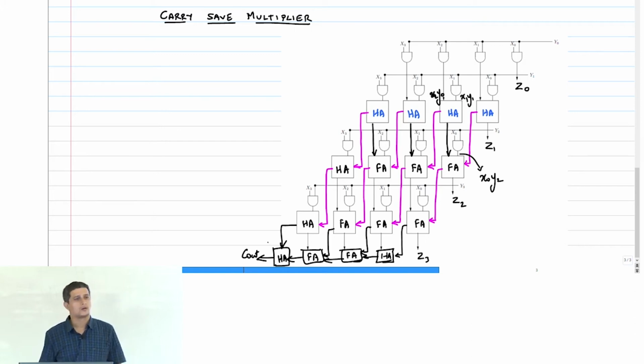It turns out this last stage will give me all the sum bits, will give me Z4, Z5, Z6, Z7. C out can be discarded because we have now done extra adders we have put in, right? That C out is basically just, you can discard it if it's unsigned multiplication.